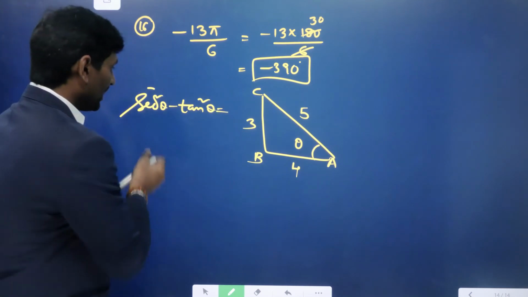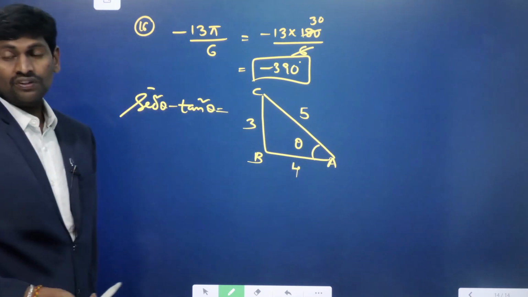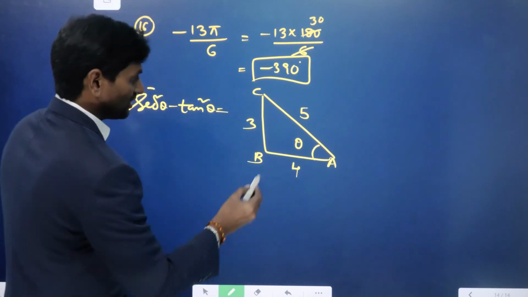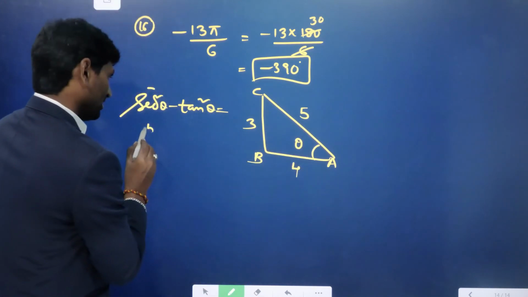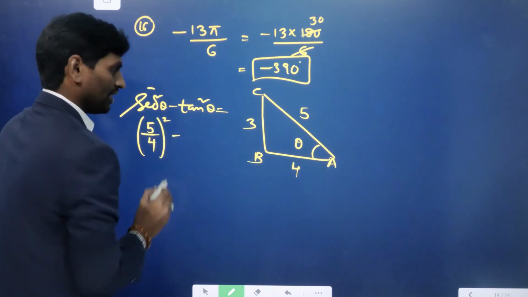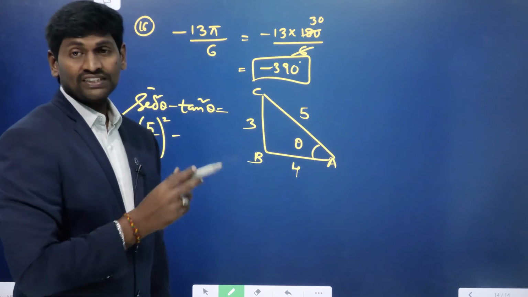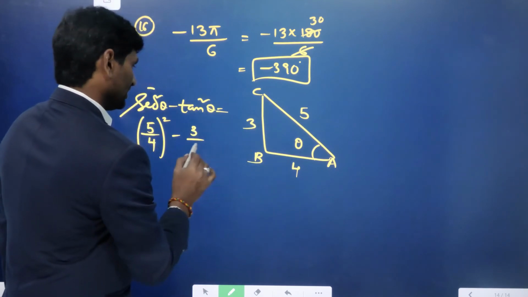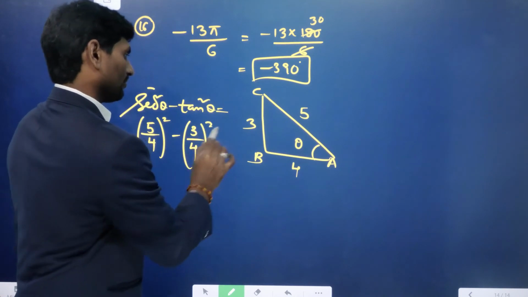Check. Secant ratio means inverse of cos, hypotenuse by adjacent. Hypotenuse is 5, adjacent is 4, so 5 by 4 whole square, minus tan theta, opposite side by adjacent side. Opposite side is 3, adjacent 4, so 3 by 4 whole square.